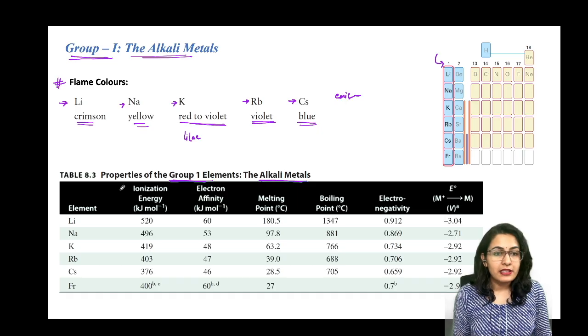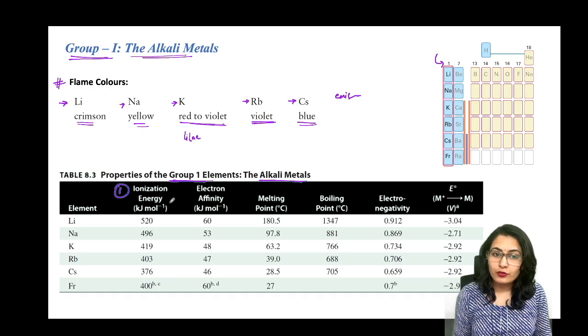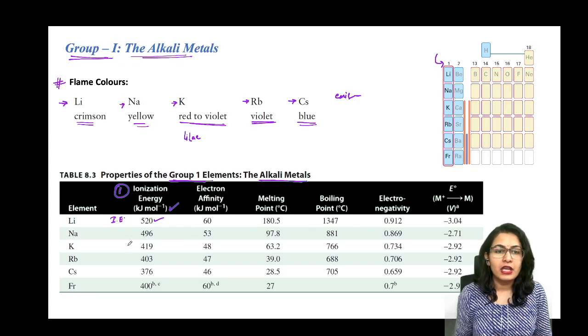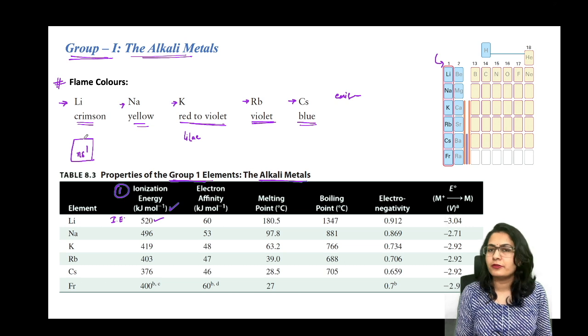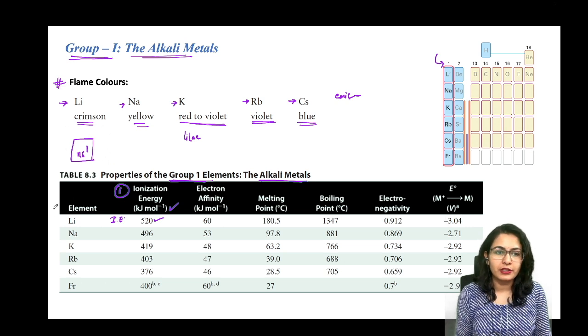So as you can see, the first property is the ionization energy in kilojoule per mole. Lithium has 520 kilojoule per mole, and we are talking about the first ionization energy. If we are talking about first ionization energy, you know that the first group elements are going to naturally have ns1 electronic configuration.